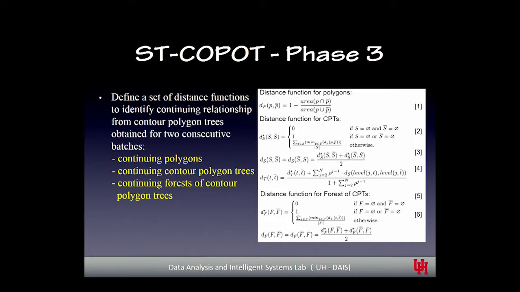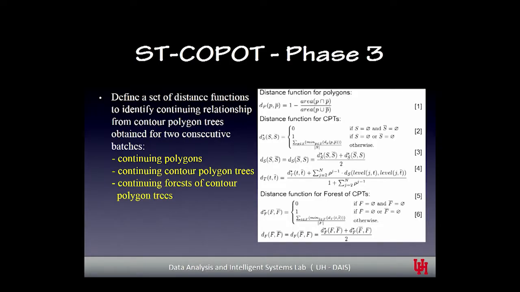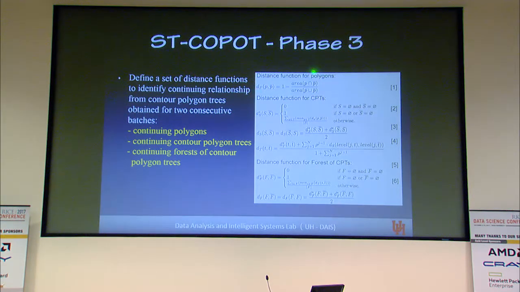The most basic distance function is this one. It just calculates the overlap of two polygons. This value, as you can see, is between 0 and 1.